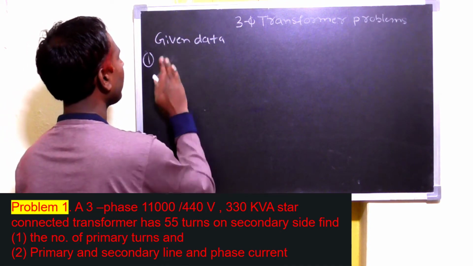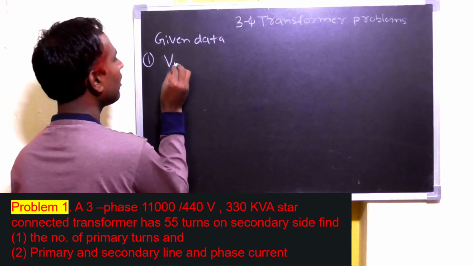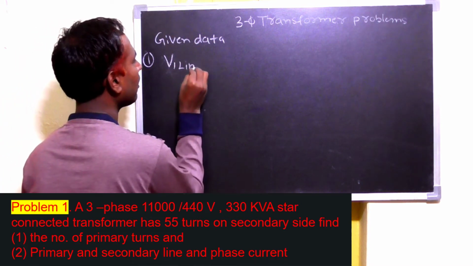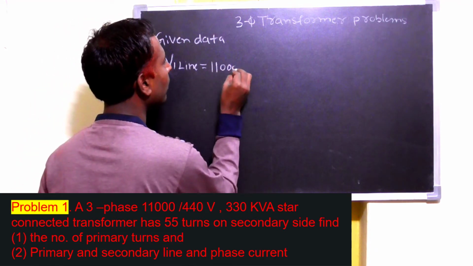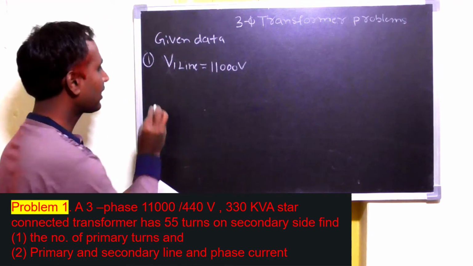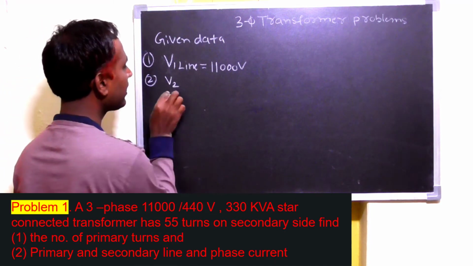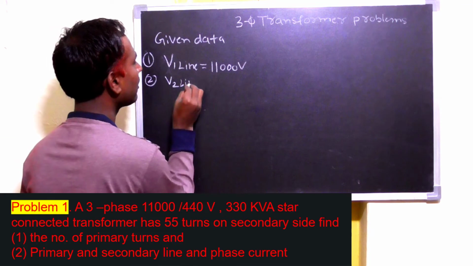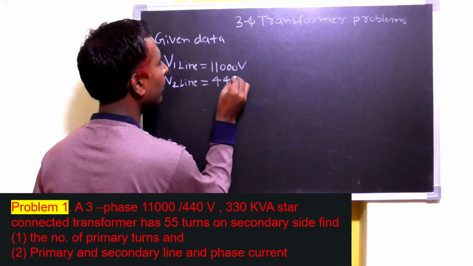Star means primary voltage, V1 line voltage, how much? 11,000 volt. Okay friends, this is clear. Second data given: V2, the secondary line voltage, is 440 volt.